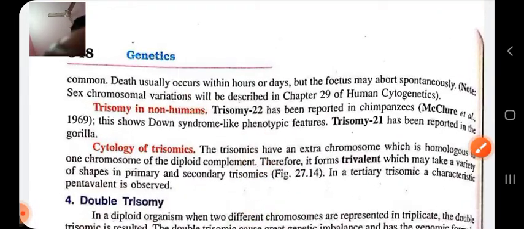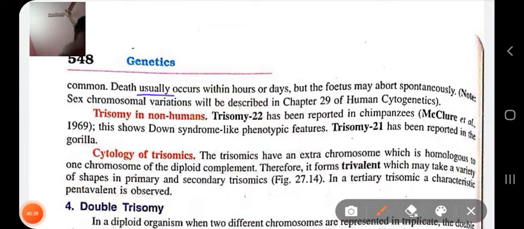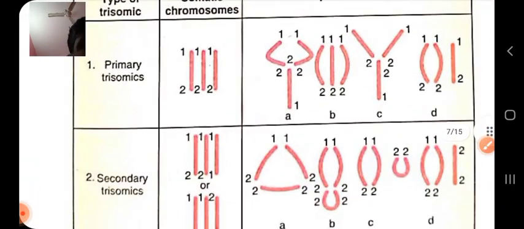Death usually occurs within hours or days, but the fetus may abort spontaneously. Sex chromosomal variations have been shown in the case of Patau syndrome. So these are the images that have been shown.